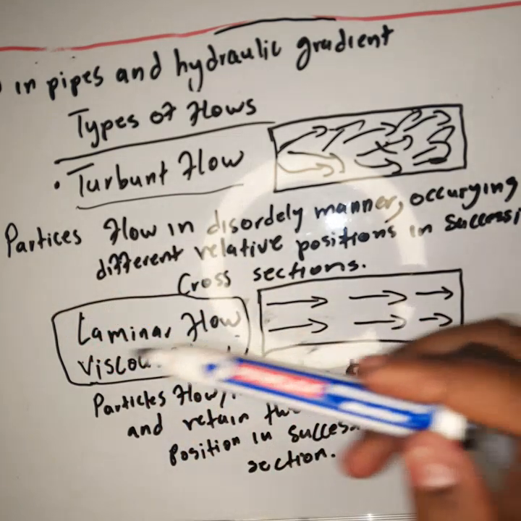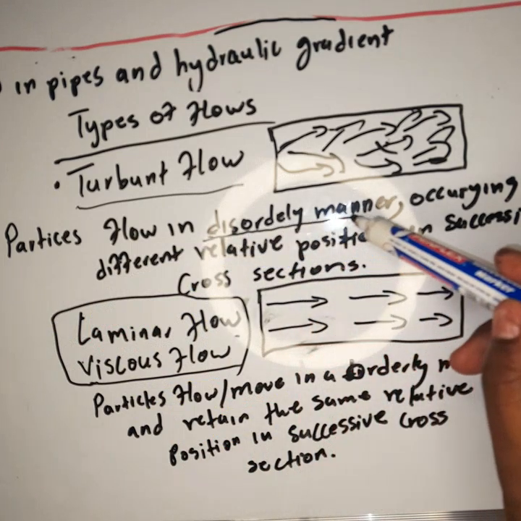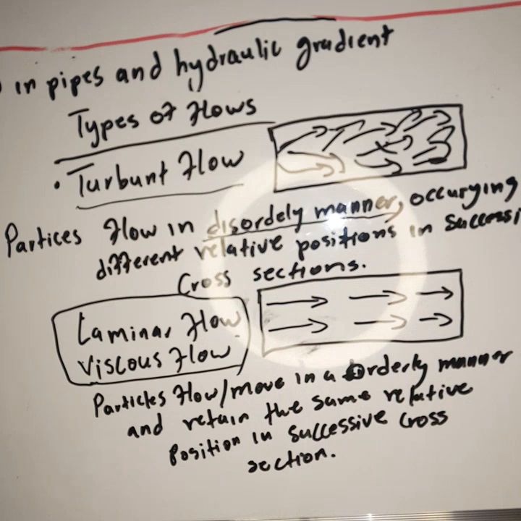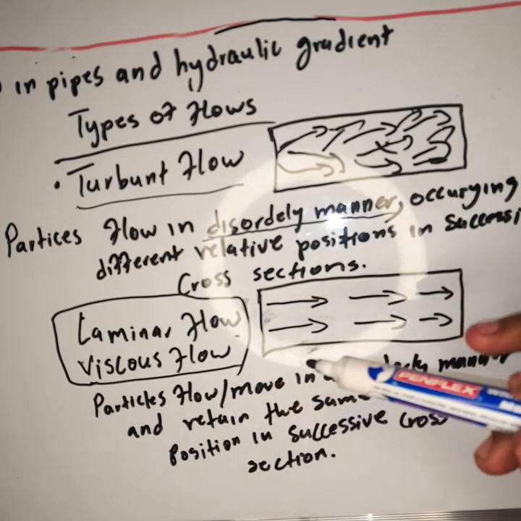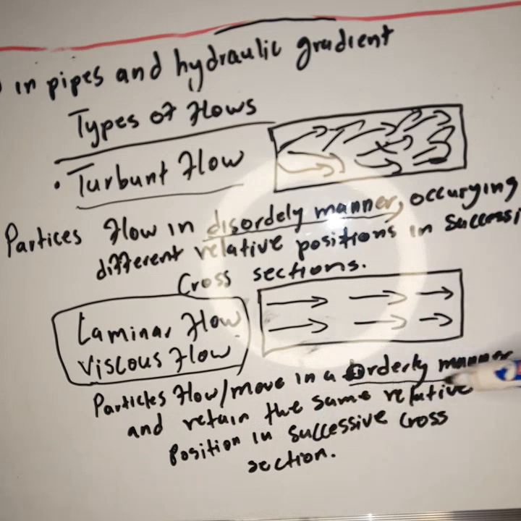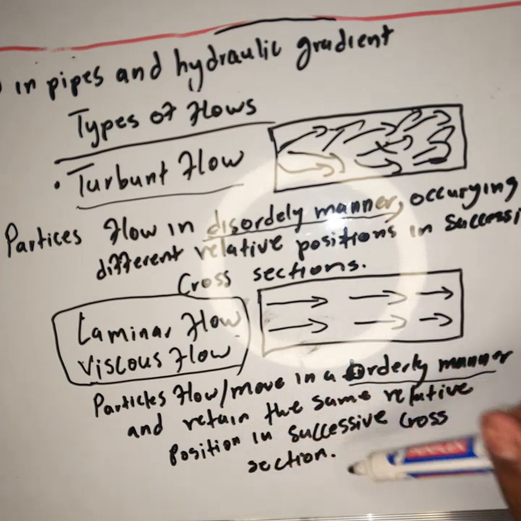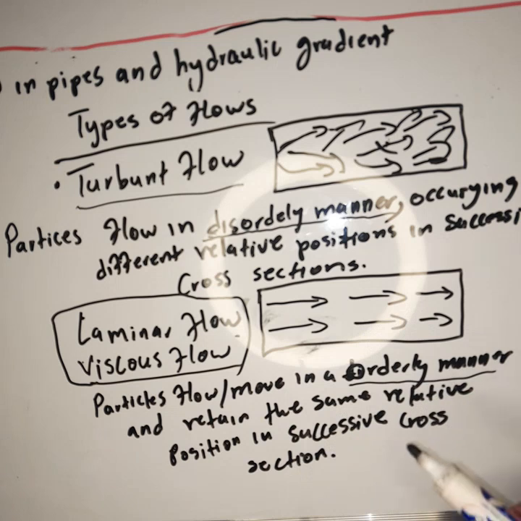Particles in turbulent flow flow in a disorderly manner, occupying different relative positions in successive cross sections. In laminar flow, particles move in an orderly manner and retain the same relative position in successive cross sections. This is the difference. You must know these two types of flow.